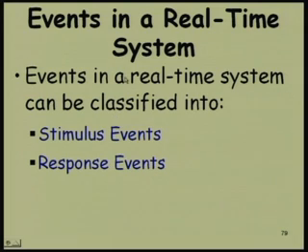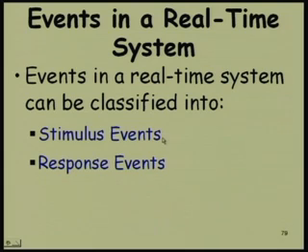Actually, there are two types of events that we will be concerned with. One is the stimulus event. The stimulus event is generated by the environment. So, the environment gives a stimulus to the system. For example, the temperature exceeded some value, action need to be taken.